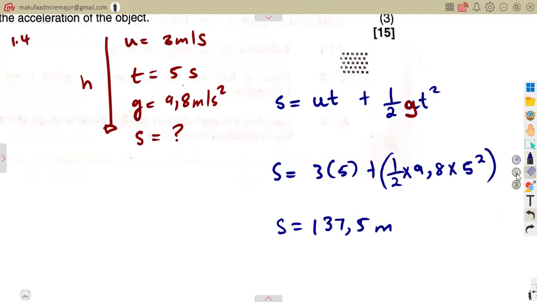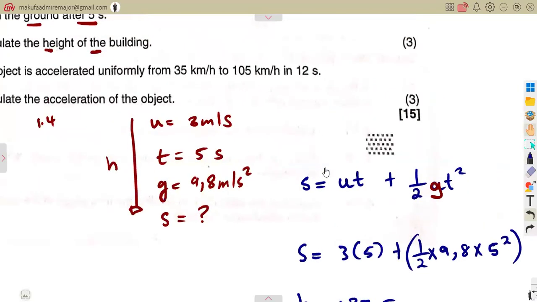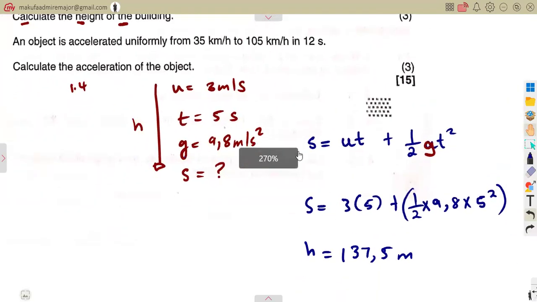So that is our height, which is the height of the building that we are given there. But what you are using is the displacement formula. In meters, that is the height. So you must be careful with what you are working with on the information that you are given.